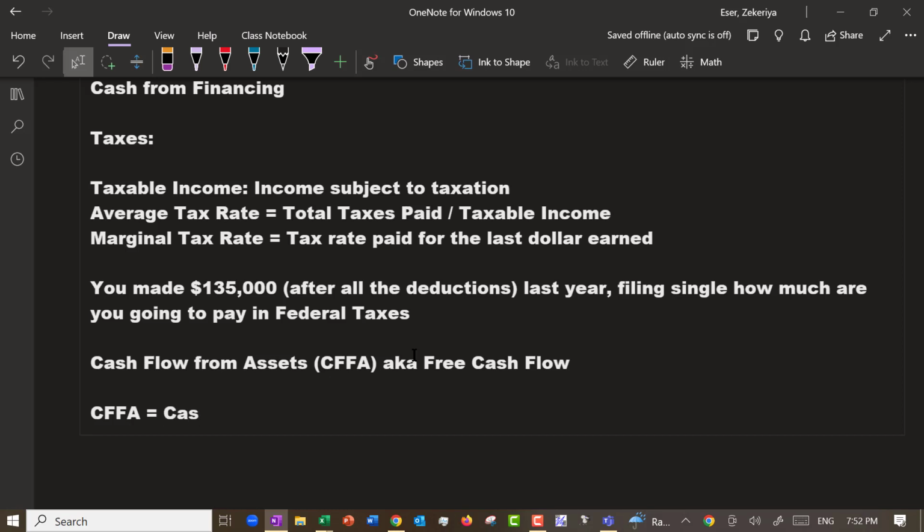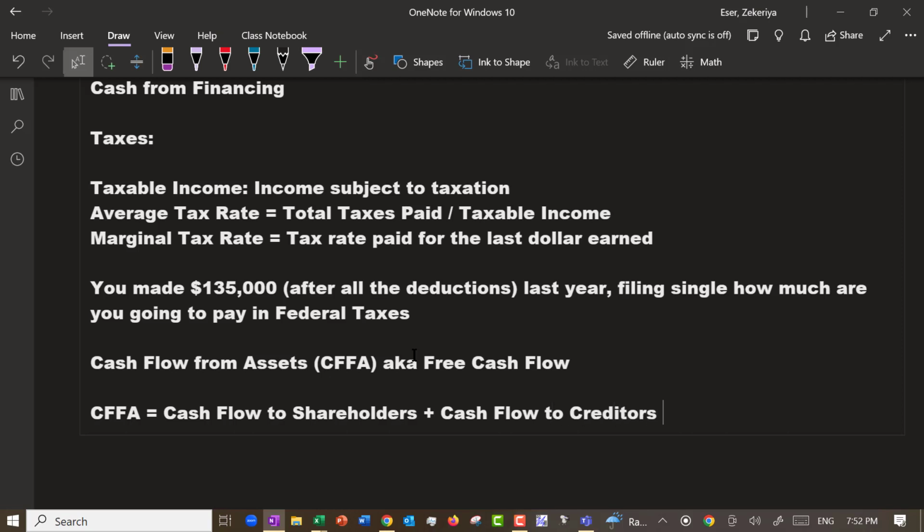It's the sum of cash flow to shareholders plus cash flow to creditors. So if you have free cash flow, this means after all of your operations, there is that much cash free that can go either to shareholders or to debt holders. So CFTC and CFTS.